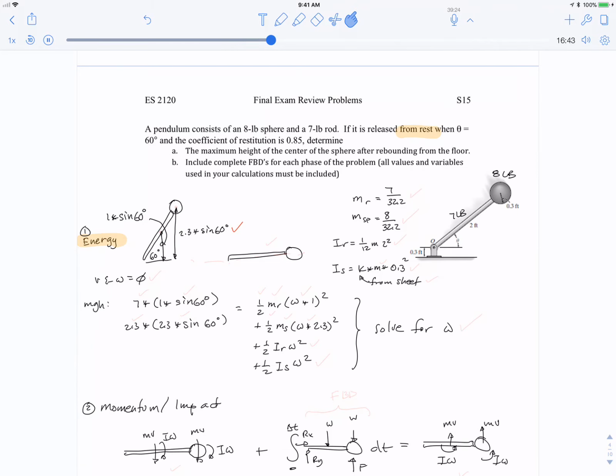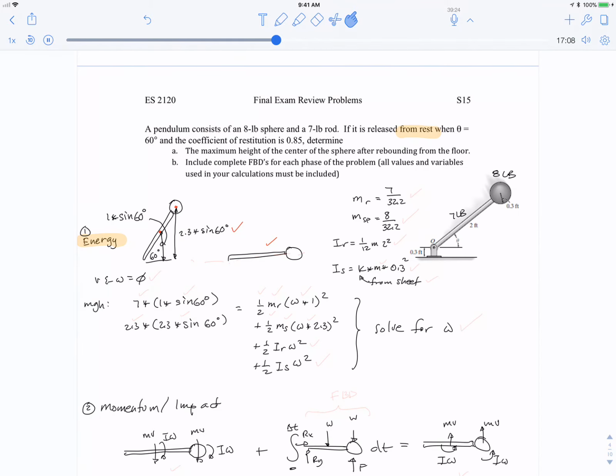The distance from O to the center of gravity of the rod is just 1 foot. And so the height of the rod center of gravity is 1 times sine of 60 degrees. So there's the center of gravity of the rod, and there's the center of gravity of the sphere. Afterwards, the rod is going to be horizontal.